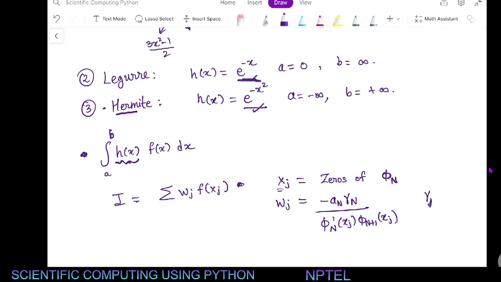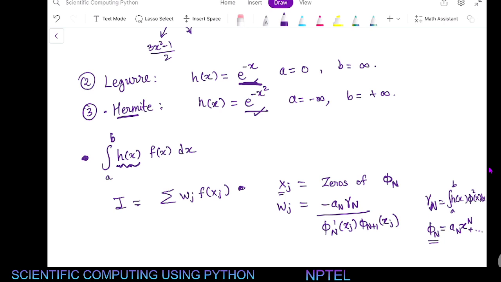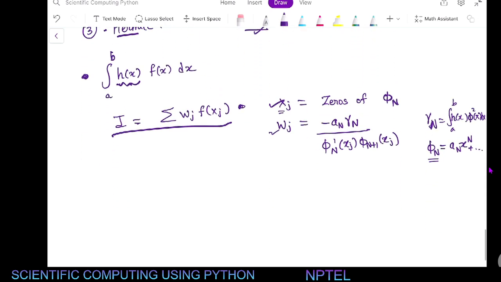So gamma n is the integral of h of x phi n square of x dx, from a to b, and a_n is defined such that it is the coefficient of x to the power n in phi n. So the idea is that if we have h, a and b, we can find w_j and x_j. Once you have this, you have the integral. Okay, so that's the idea.